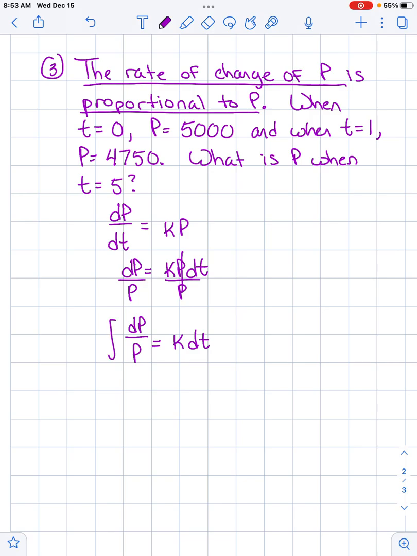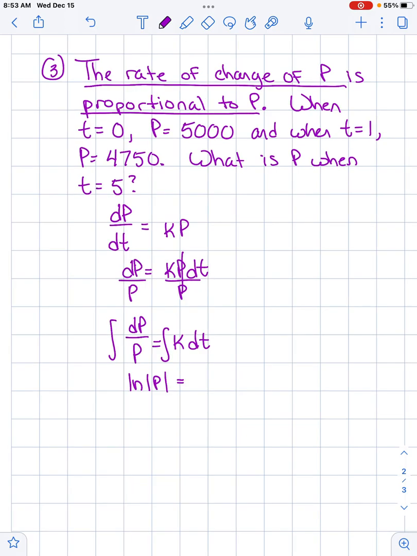We're ready to integrate. If I find the antiderivative of the left-hand side, that's just u prime over u. u is P, u prime is dP. So this is the natural log of P, the natural log of u, plus some constant, but I'll just move it to the other side. The antiderivative of k is k times t plus a constant.